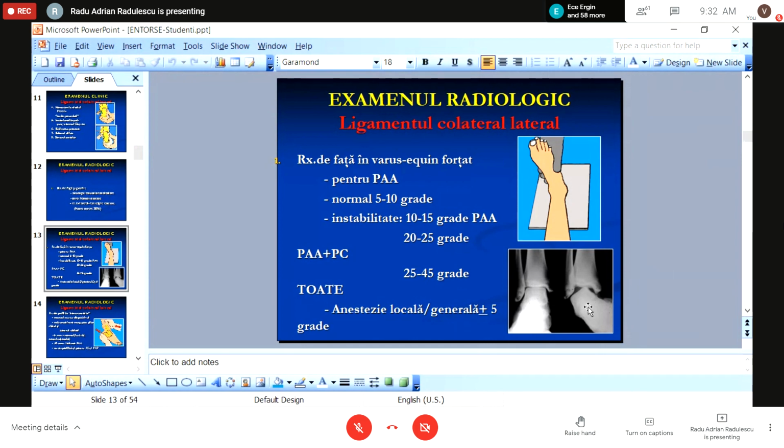I put the ankle in position, following the same mechanism of the sprain. I force the ankle in a varus position, and in this position I take another front view X-ray. And you see what happens. The ankle opens widely on its lateral aspect.